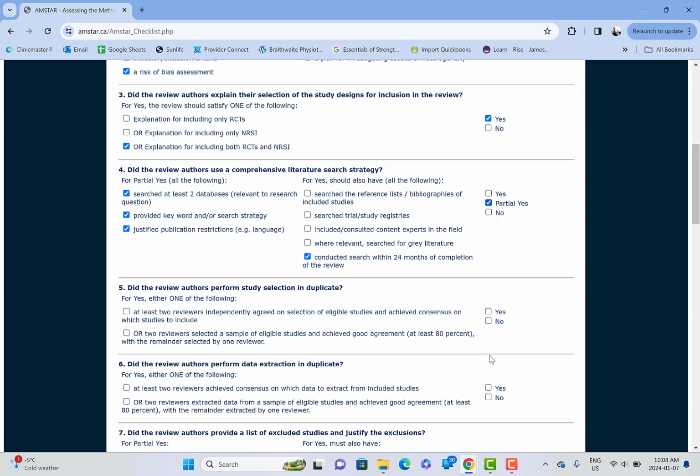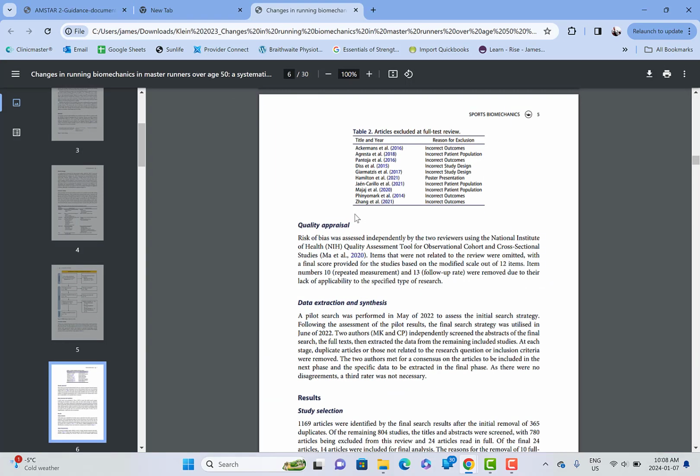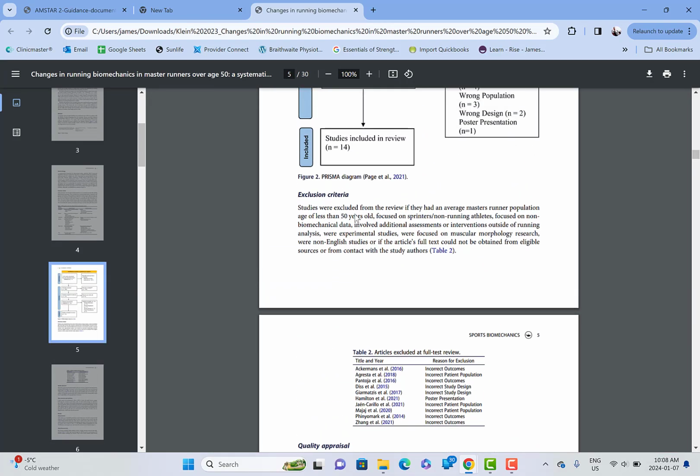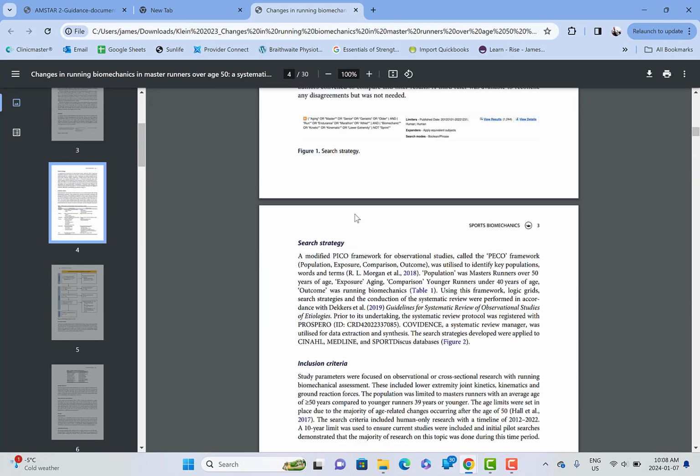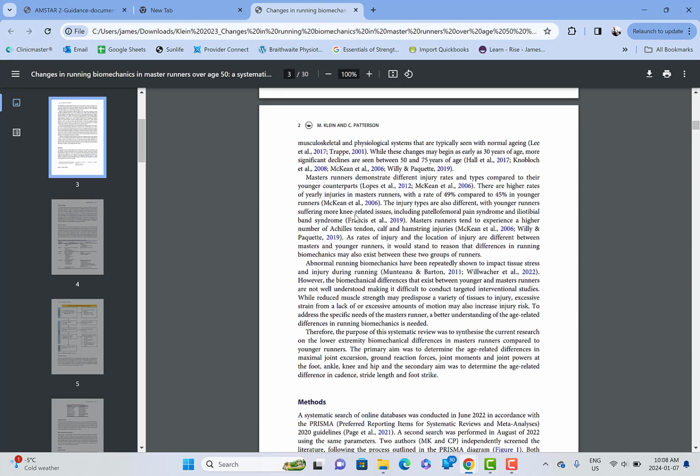Questions 5 and 6 on the AMSTAR tool ask us a couple of questions about how the authors duplicated their selection of studies to review from the results of the search strategy that they used, and how they extracted data. So question 5 asks us, did the review authors perform study selection in duplicate?